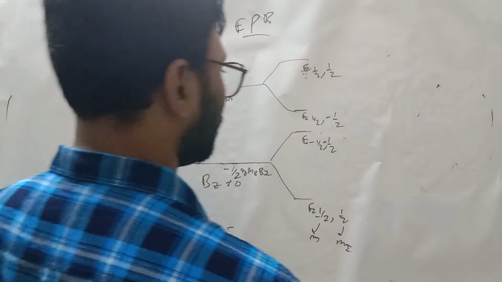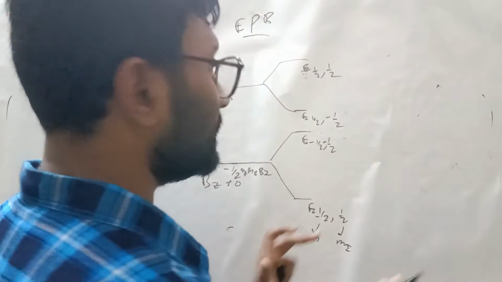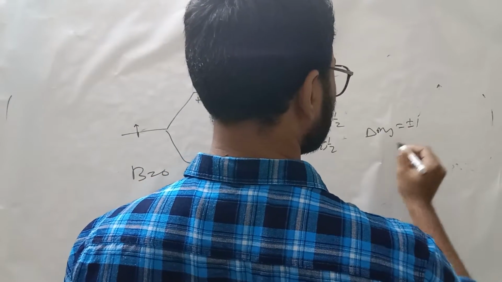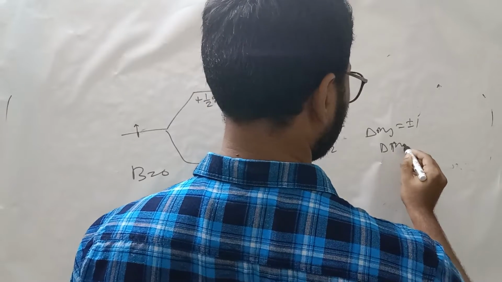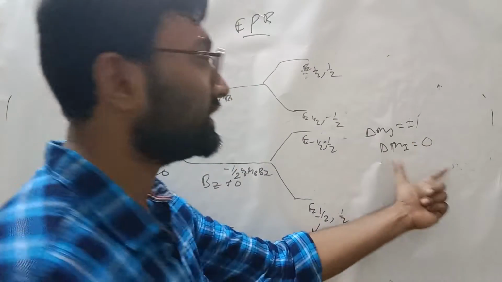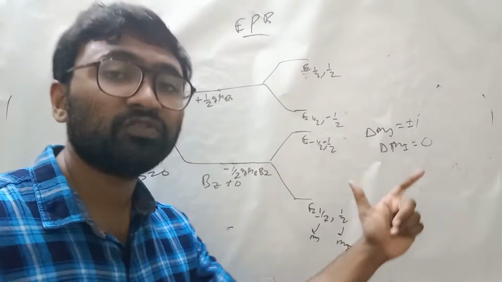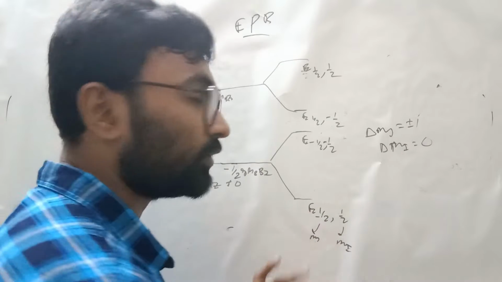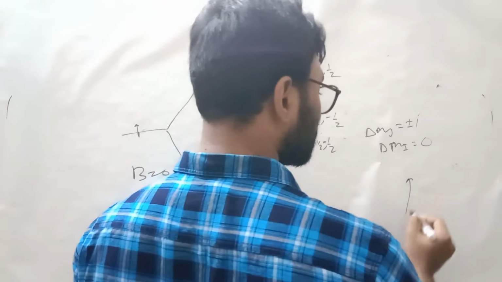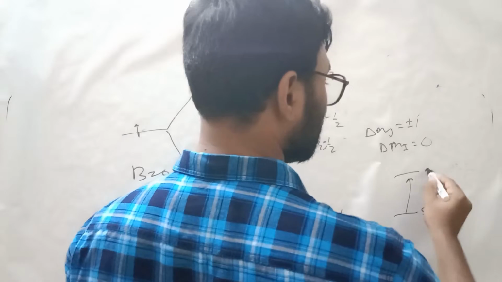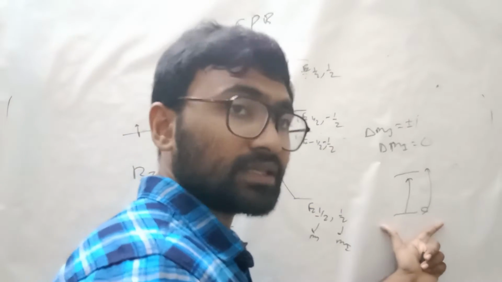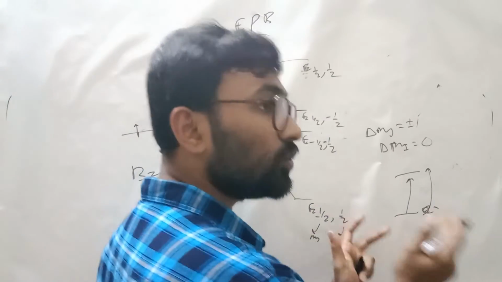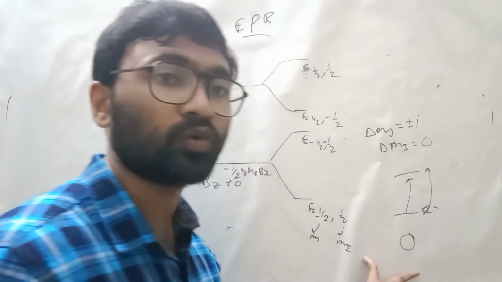Now there is a selection rule for the transition: delta ms is equal to plus minus 1 and delta mI equal to 0. There is a significance to it. According to the Franck-Condon principle, the electronic transition is so rapid that during this transition there is no movement of the nucleus at all.